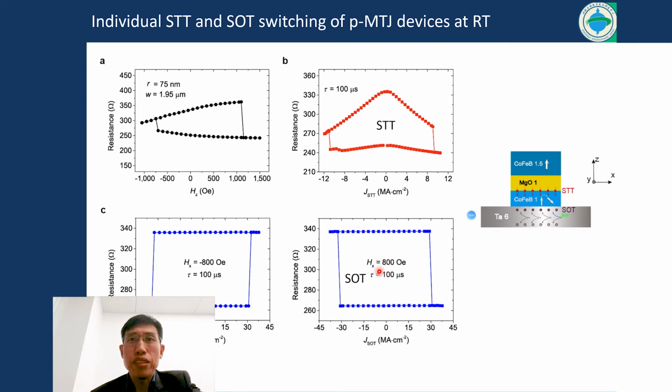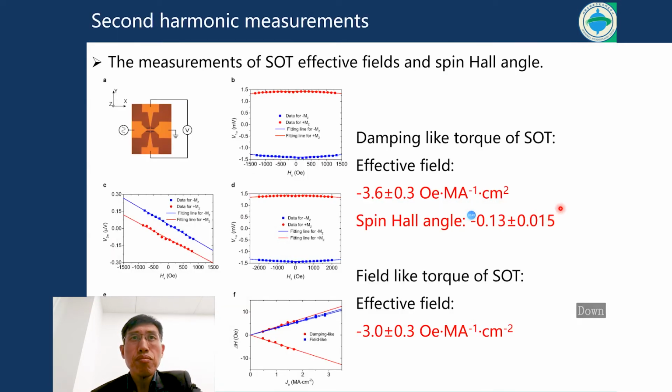In this case, we need a magnetic field to realize this SOT switching. In order to understand the property of spin orbit torque, we measured the SOT effective field and its spin Hall angle. We can find that it's very similar to the value shown in previous work.